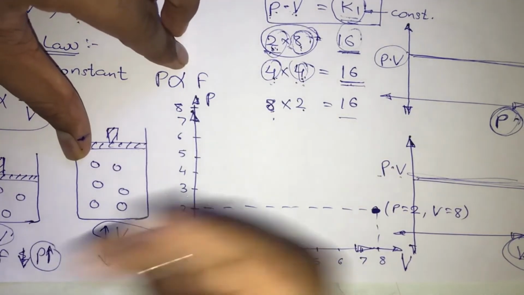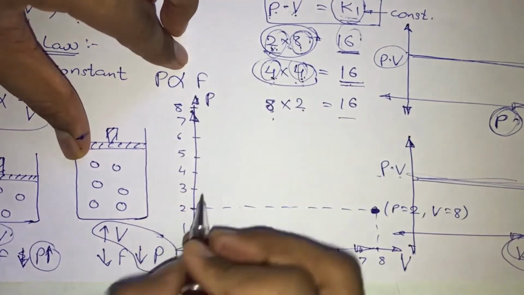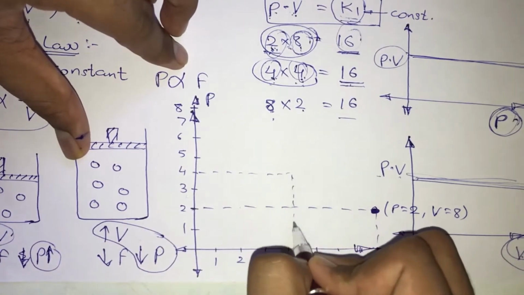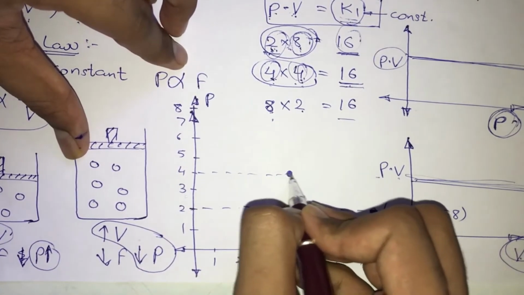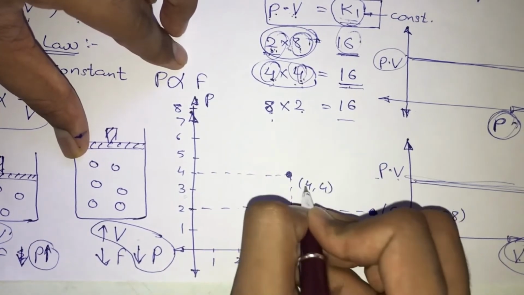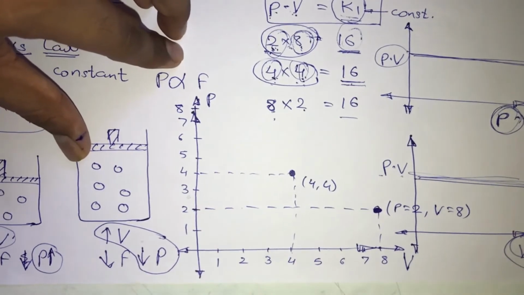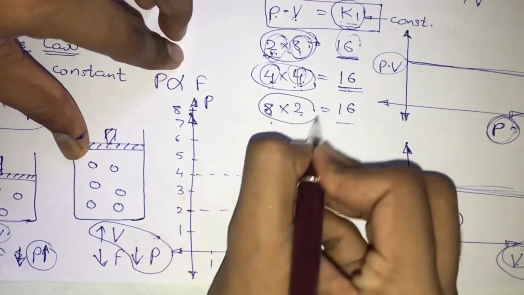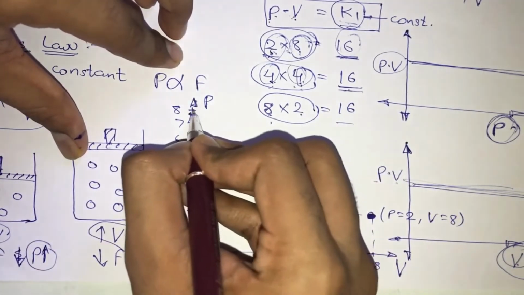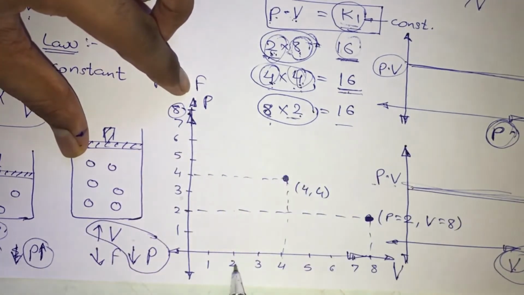Similarly, can I plot this point also where my pressure is 4 and volume is also 4? So can I plot this point 4 comma 4? Okay. Similarly, guys, can I plot this point also where my pressure is 8 and my volume is 2?